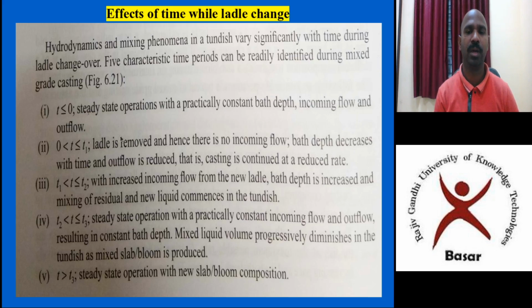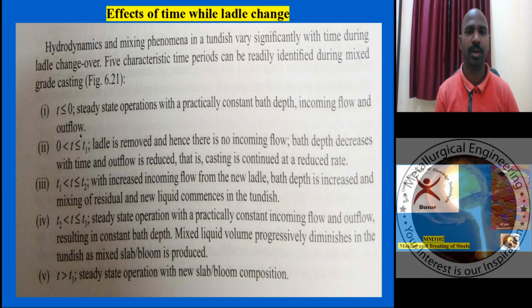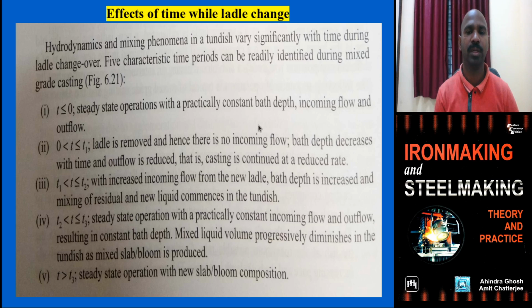This is with clear detail. For example, for T less than or equal to 0 in the previous graph, there will be steady state operation with incoming flow from the ladle and outflow from the tundish. Between 0 and T1, there is no incoming flow from the ladle, since you are going to change to the new ladle.